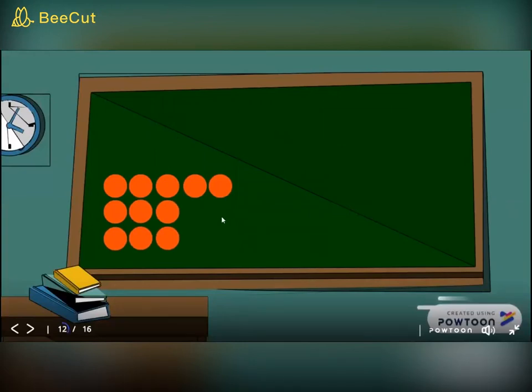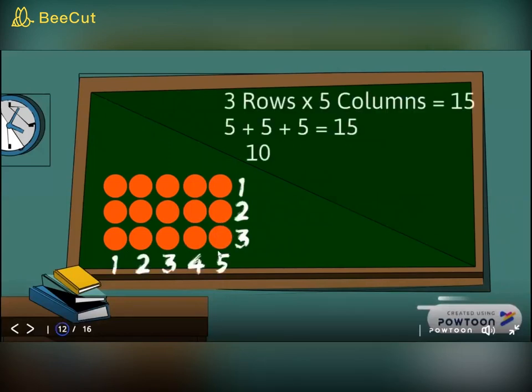This is our array here. 3 rows and 5 columns. Excellent, boys and girls. Yeah, we solved it before you. We say it: the number of the rows times the number of the columns. 3 times 5. I will write 5 three times.